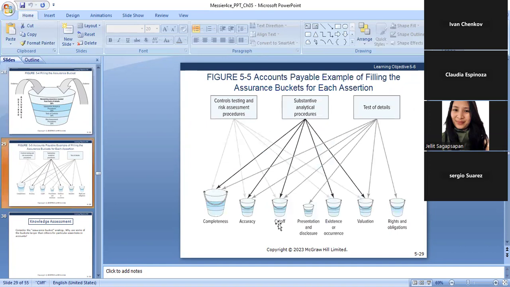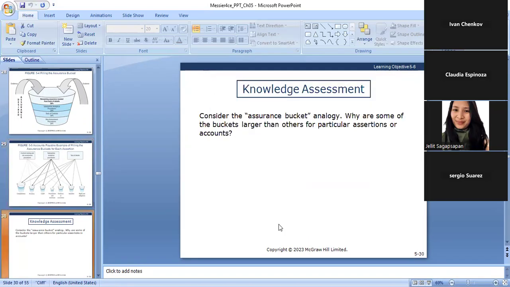And then we're going to go with examples of how we're going to test accounts payable.